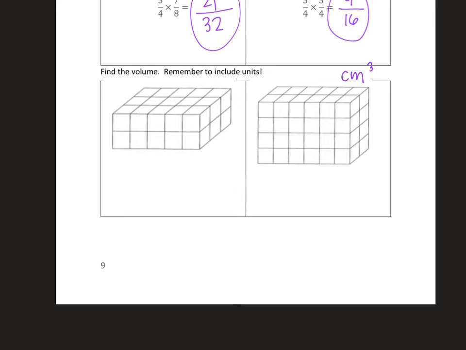So remember, volume is length times width times height. Okay, so length, how long it is, we have 1, 2, 3, 4, 5 centimeters. The width, how wide it is, we have 3 centimeters. And how tall it is, the height is 2 centimeters.